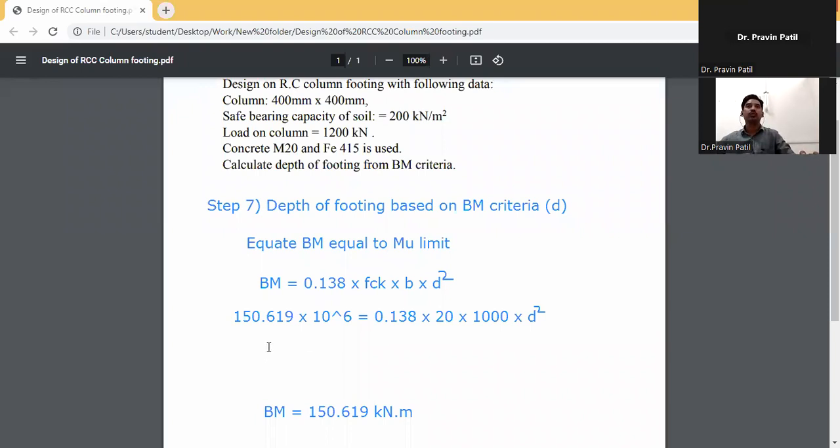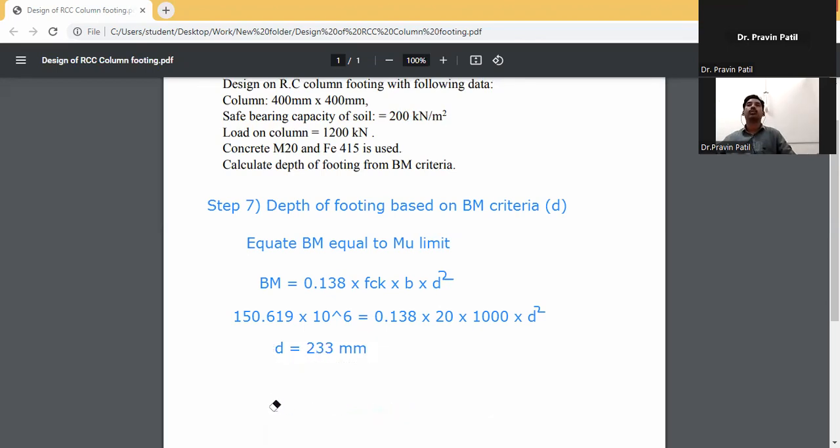Small d is equal to root of 150.619 into 10 raised to 6 divided by 0.138 into 20 into 1000. So d answer will be 233 mm.